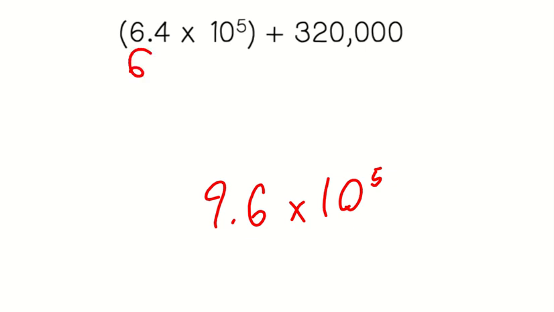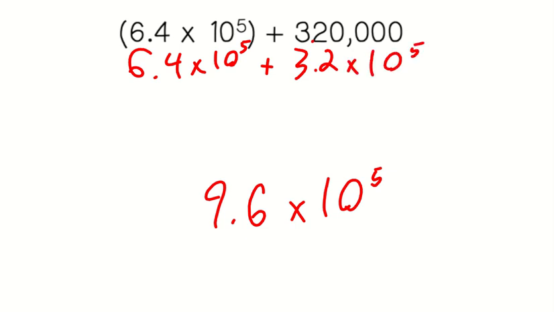So we'd have 6.4 times 10 to the 5th plus 3.2. And when we do that, I got 5 digits to the right, so that's times 10 to the 5th. That means the exponent's the same. 6.4 plus 3.2 is 9.6. Keep my exponent. So that's one way.